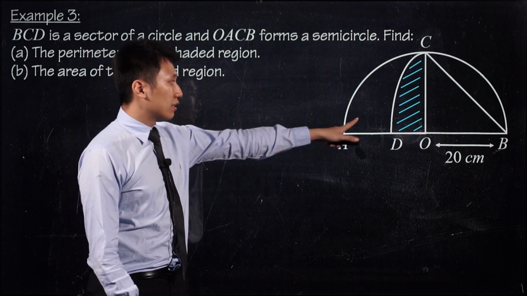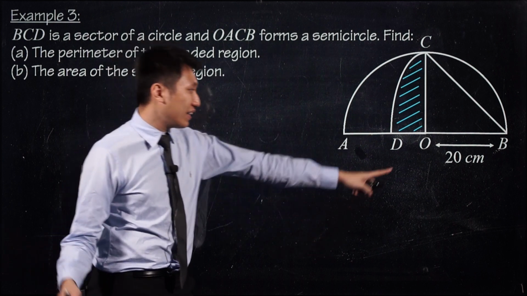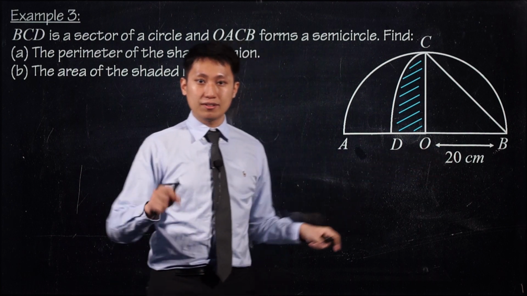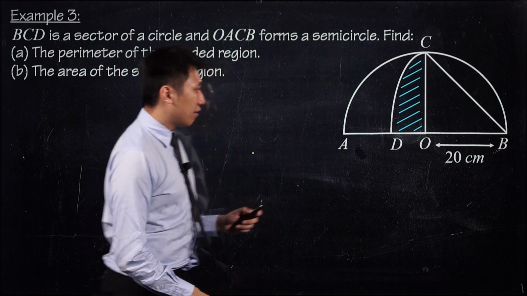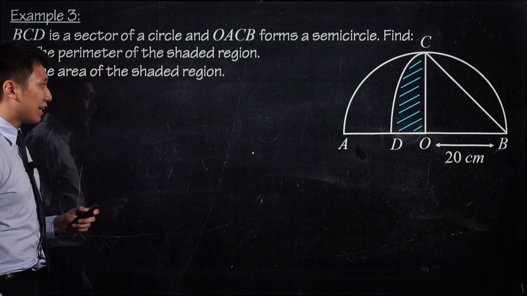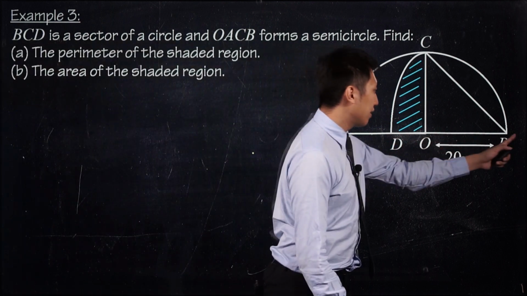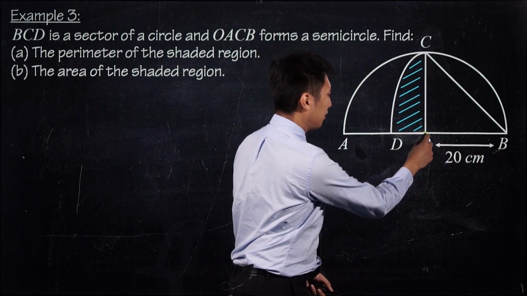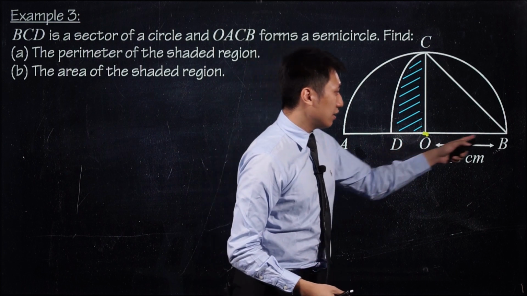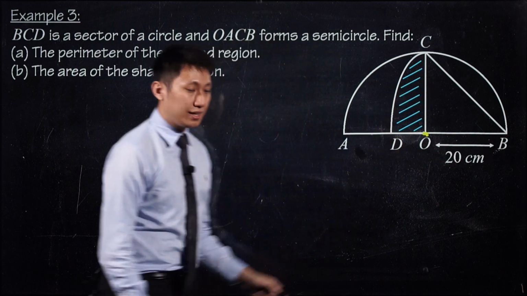You see, the information given here is only one thing, this one. We need to figure out one by one what the things here are. First, do you realize that this one should be the same as this one? Why? Because this is the center point. This one is a radius and this one is a radius.